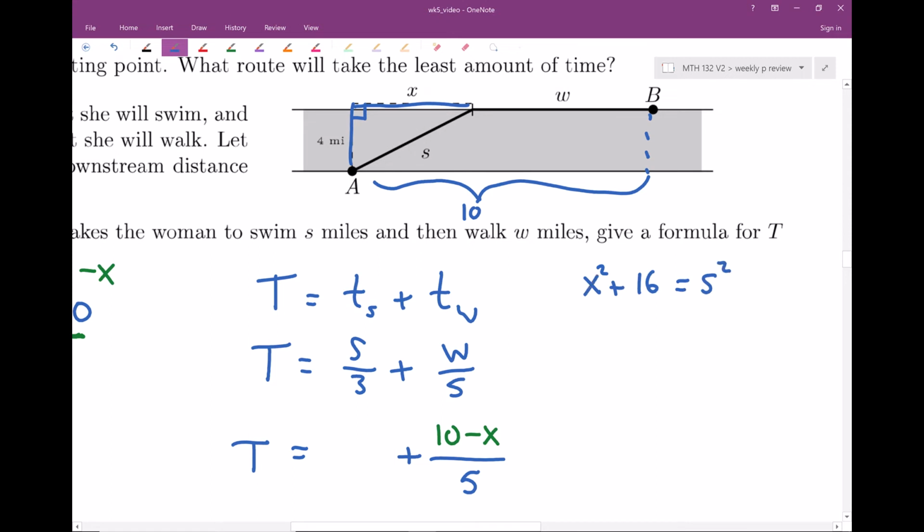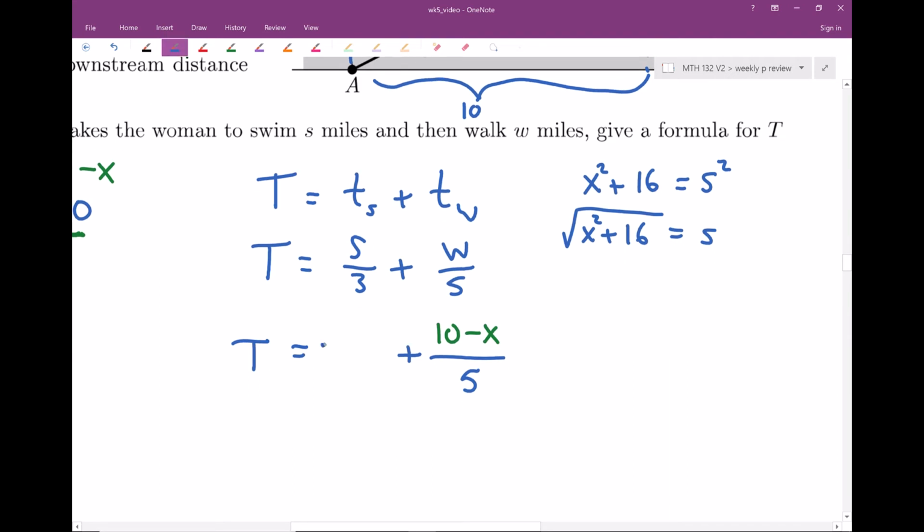And if I take the square root on both sides, remember this is a distance, so it's going to be positive, so I'm going to choose the positive square root. I get s is equal to the square root of x squared plus 16. So let's go ahead and input that. So the square root of x squared plus 16, divided by 3.